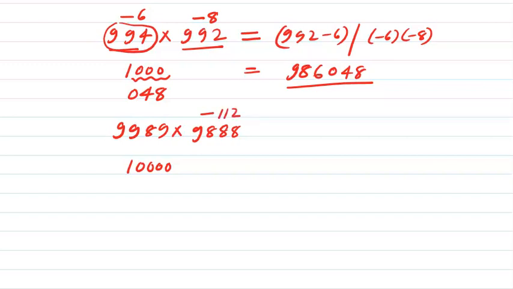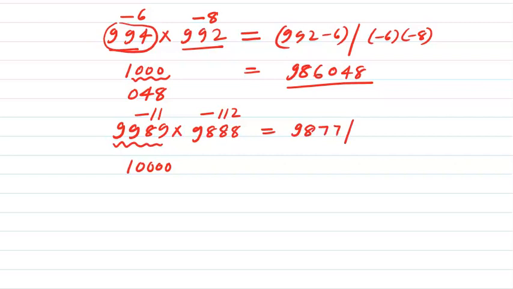What is the deficit here? The deficit here is -11. Now you are smart enough to understand that if I subtract 112 from this number, it will take me more time, right? So it is just better to subtract 11 from this number. So what will be the answer? It will be 9877. This will be my left hand side.